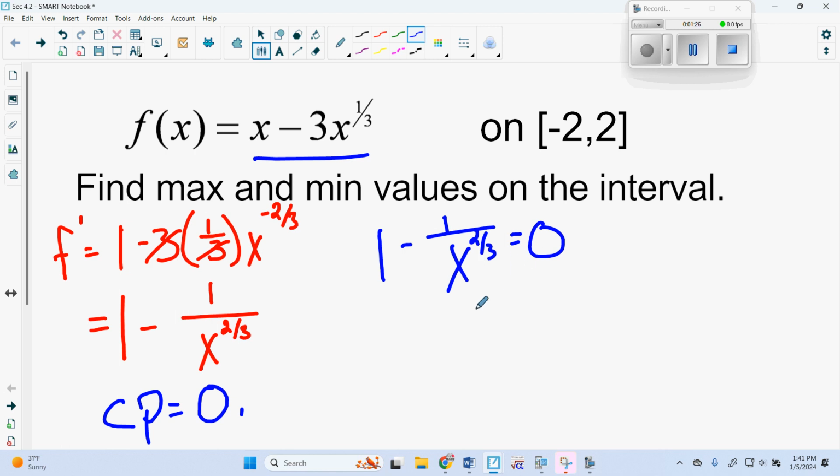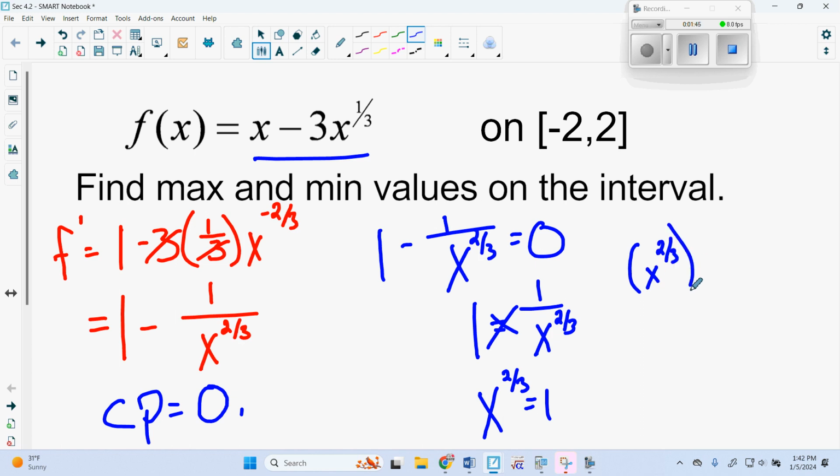So now if we solve this to try to find where else we have critical points, this would tell us that x to the 2/3 is 1, as I cross multiply here. Now, to solve this, I can raise both sides to the 3/2.